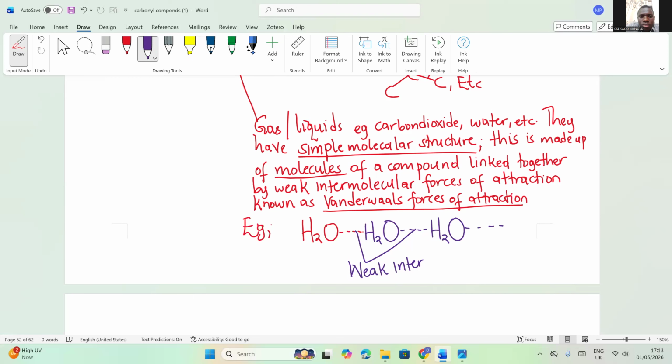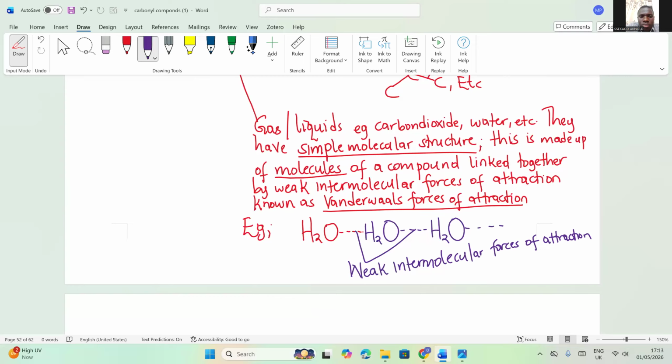Because it has strong covalent bonds, but it is very easy to boil water. Why, colleagues? It has weak intermolecular forces of attraction, known as van der Waals forces of attraction.